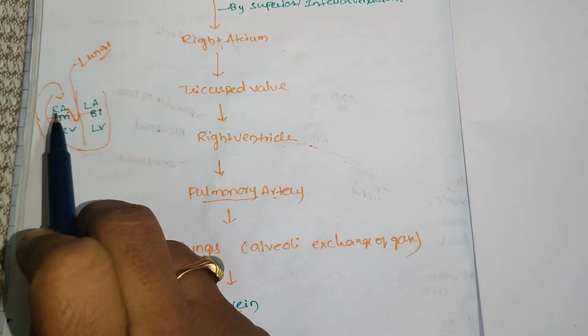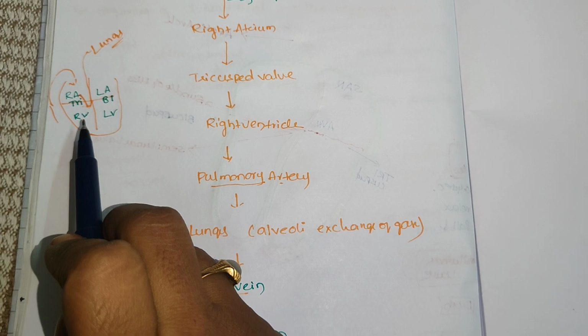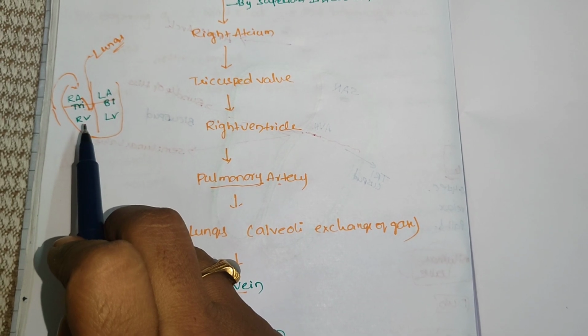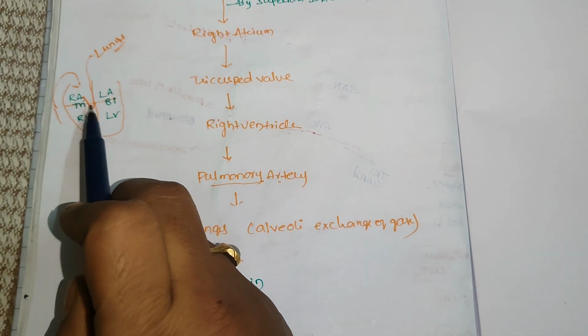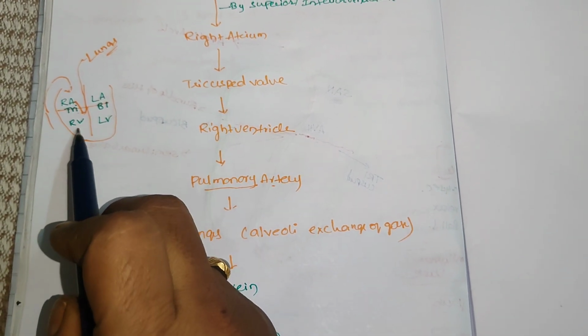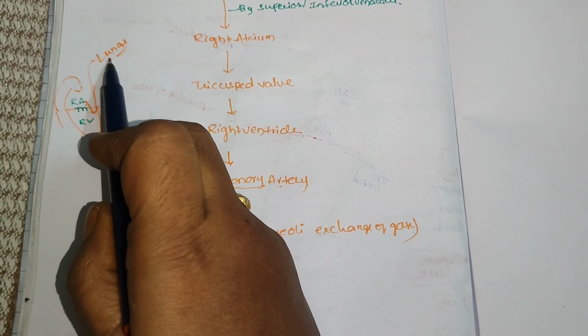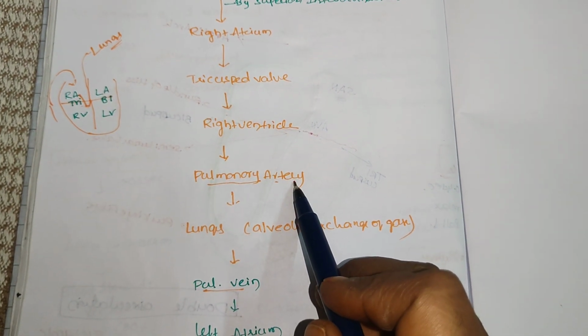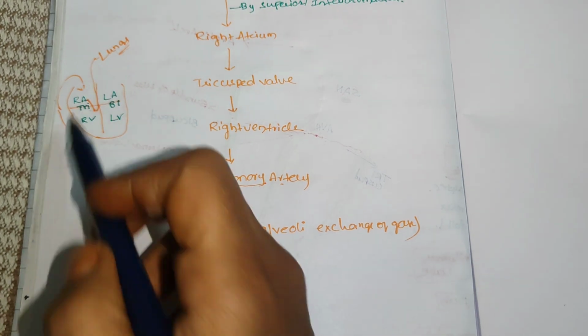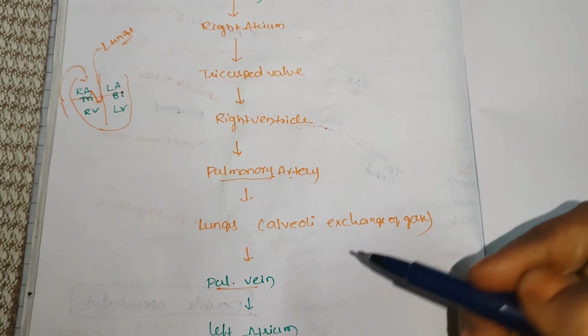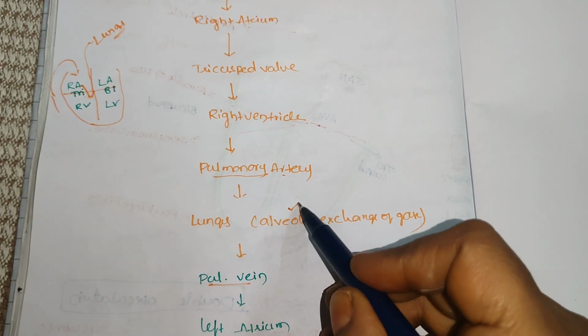So the deoxygenated blood enters the right ventricle with the help of the tricuspid valve. Then from here, with the help of the pulmonary artery, the impure blood enters the lungs for purification. Purification means exchange of gases at the alveoli.